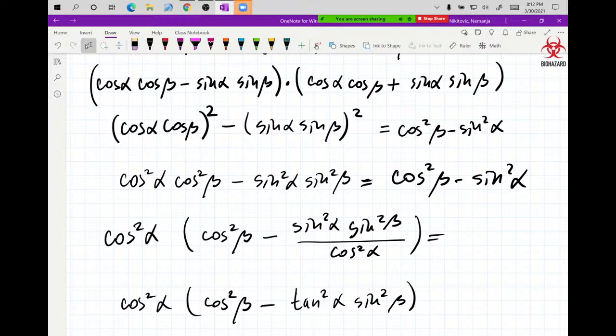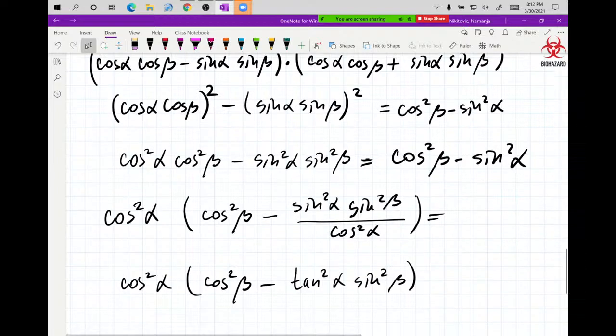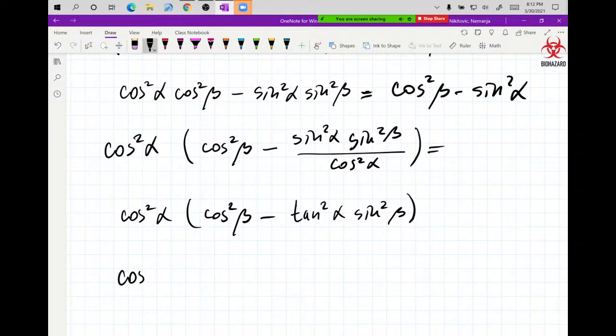So they don't have anything in common. If I factor out cosine squared alpha to leave the beta, I do get that tangent inside. Tangent can be written, let's try that, I didn't try that yet. Cosine squared beta minus, now tangent can be written as 1 minus secant squared alpha times sine squared beta.